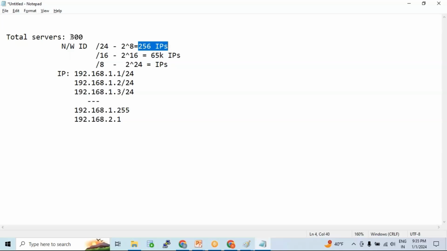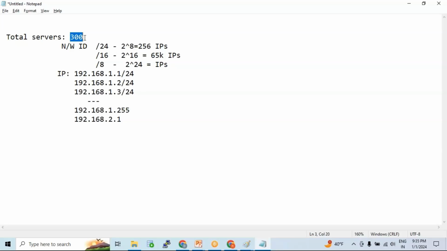Whenever you get the total number of servers brought into your data center and you want to configure them, based on the requirement, you need to decide which network will be more suitable for you. Maybe I want to have 300 servers configured in a single network. Now tell me guys, which CIDR block do I want to go with? Do you think /24 works?